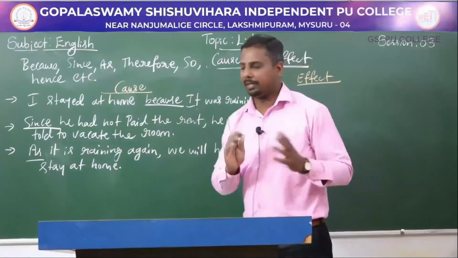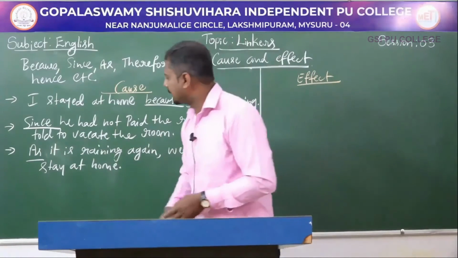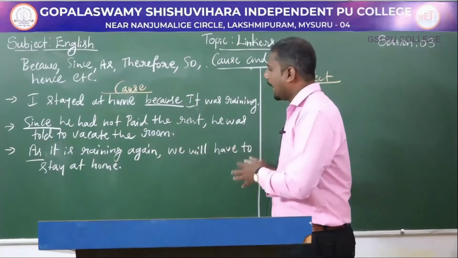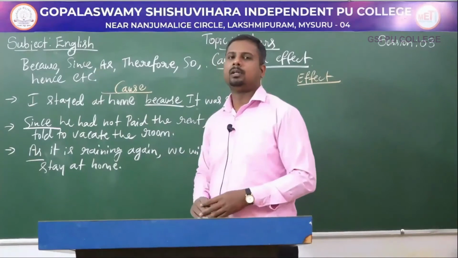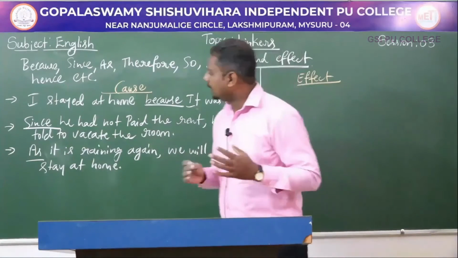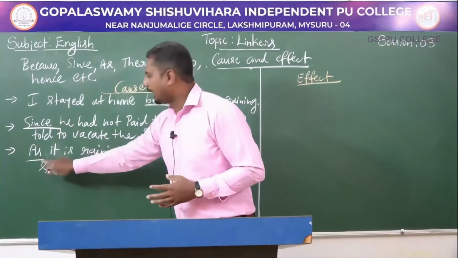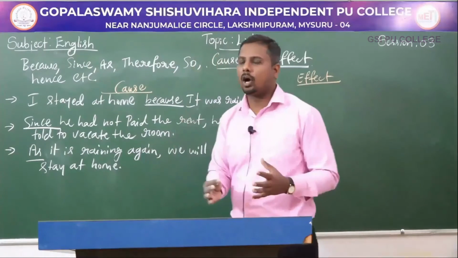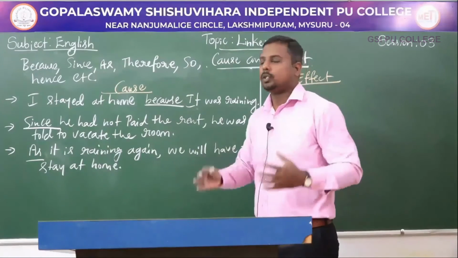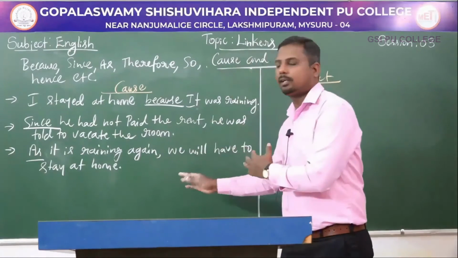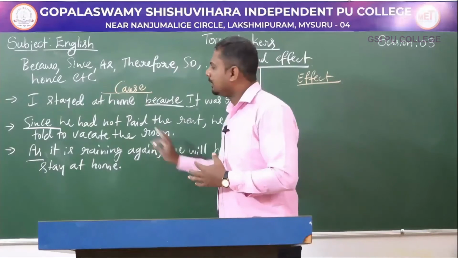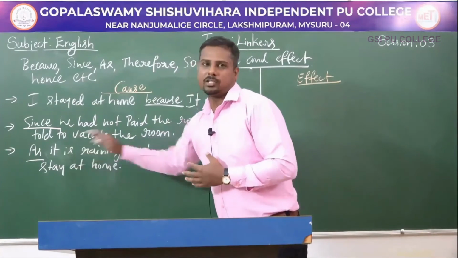Similarly, in the next sentence, as it is raining again, we will have to stay at home. Again, the linker as is followed by the idea which expresses the cause. The effect comes after the comma: we will have to stay at home. So this is the effect, and this is the cause.